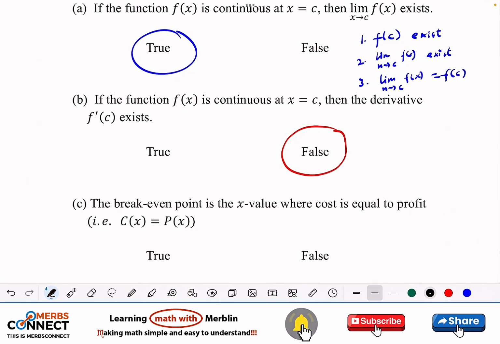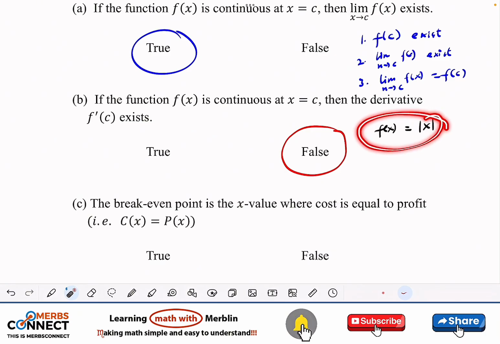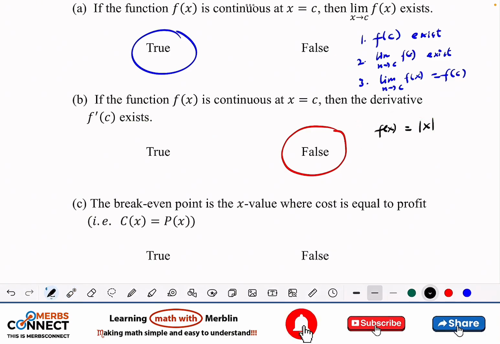For example, let's assume that we have f of x equal to the absolute value of x. Now this is continuous at x equal to 0. Yes. So here I'm assuming that c is 0, and I'm assuming that my function is this. This function is continuous because the graph for this looks kind of like this. So you see that it is continuous here like that.